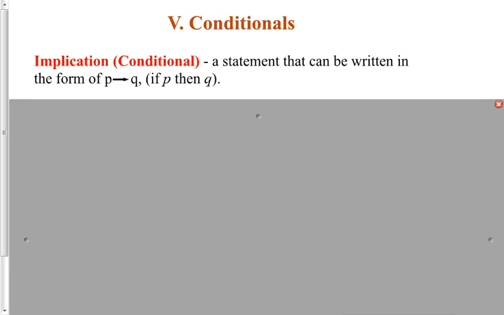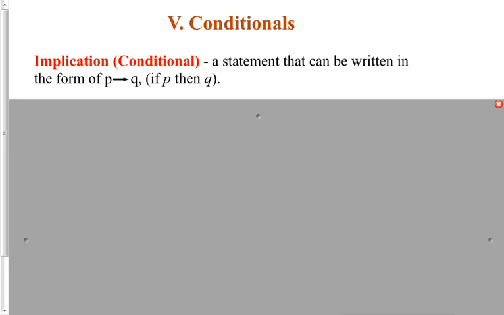Now we're ready to talk about conditional statements, which are also known as implications. These statements can be written in the form of P arrow Q, which we read if P then Q. I'm sure you've heard a lot of statements like this in normal everyday talk.